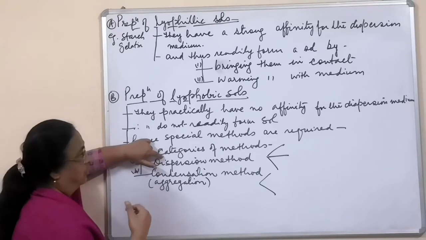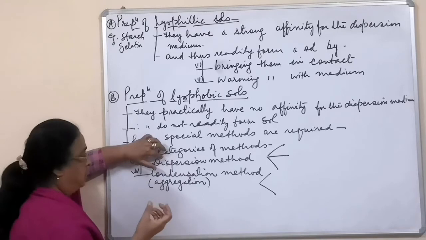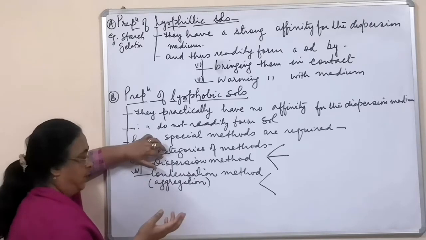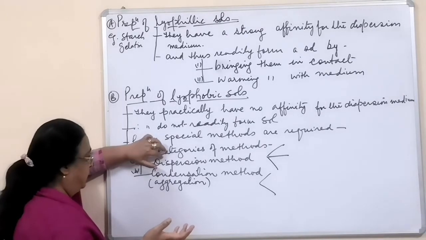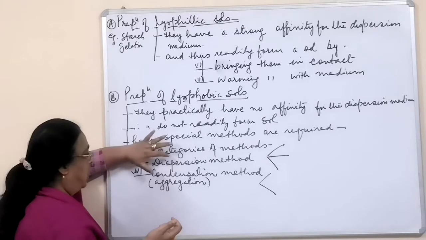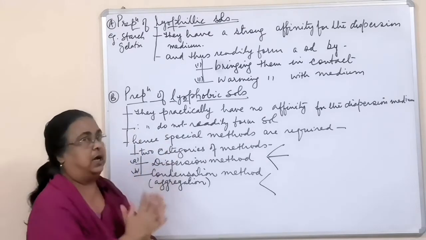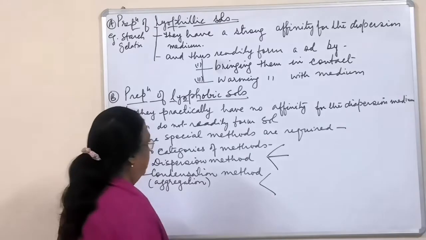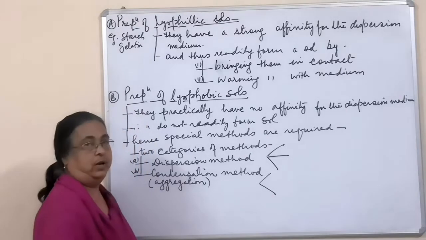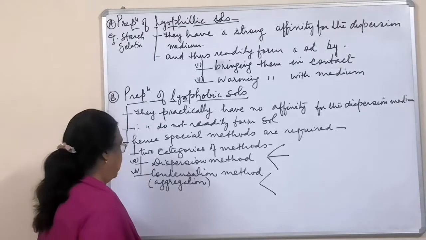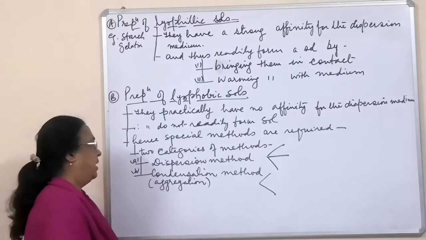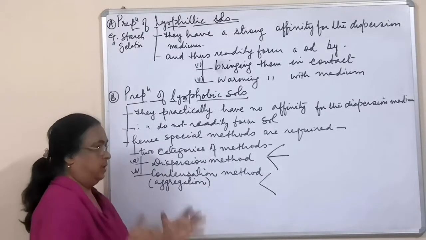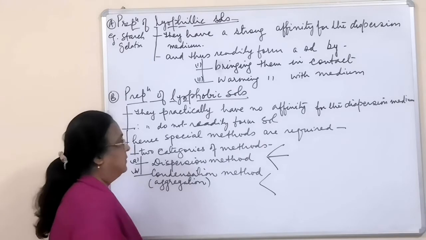So if the particles of the dispersed phase, that is the solute, the substance of which you have to make a colloid, are quite bigger than 1000 nanometer, then they are dispersed, meaning they are crushed, broken and brought down into smaller particles in the range of 1 nanometer to 1000 nanometer. So three methods you will have to study as dispersion methods, when small particles are being made from bigger particles.